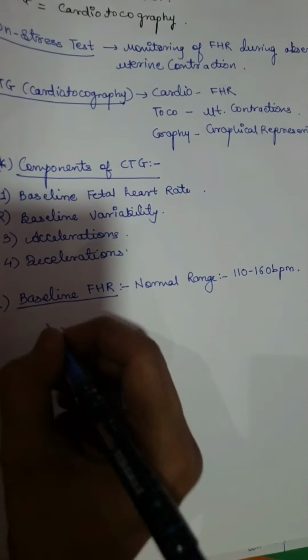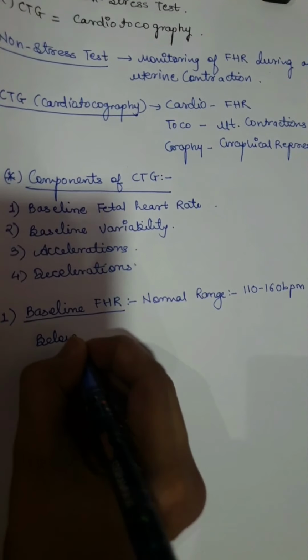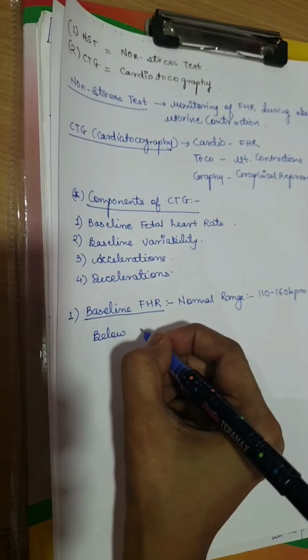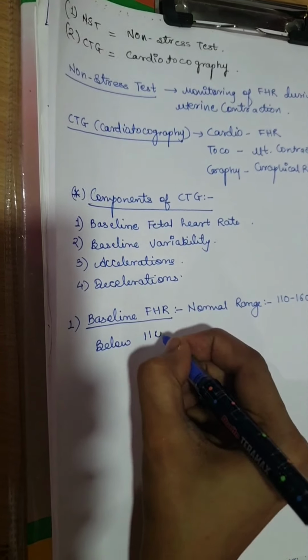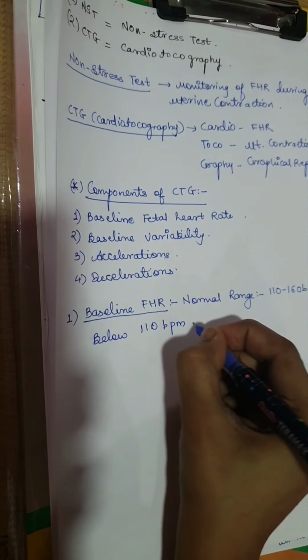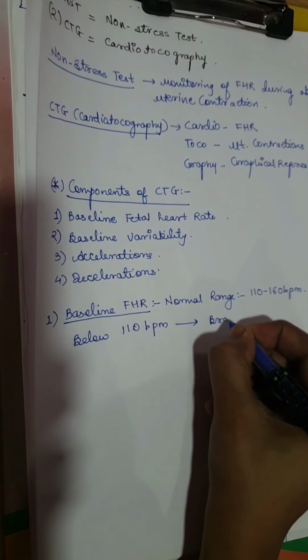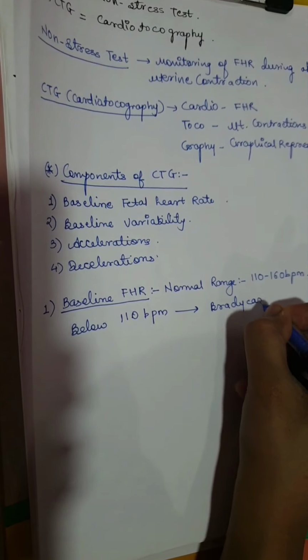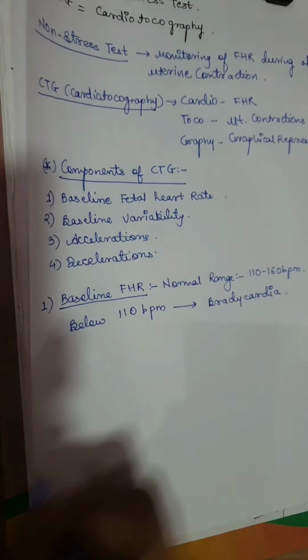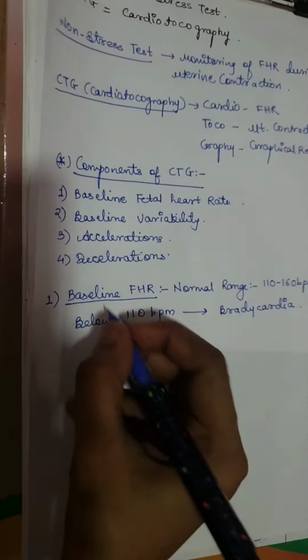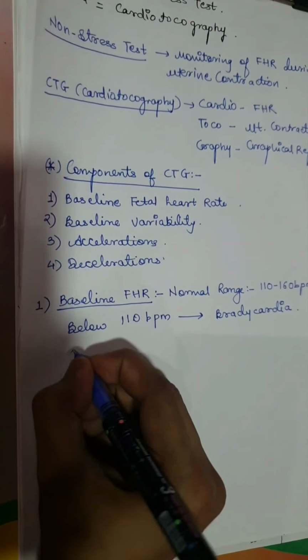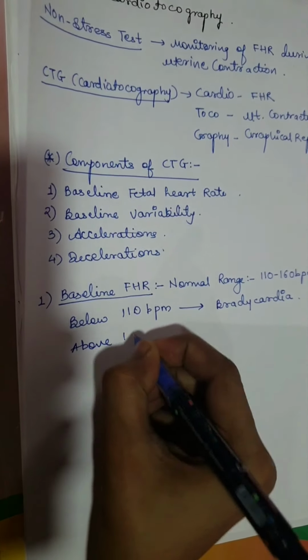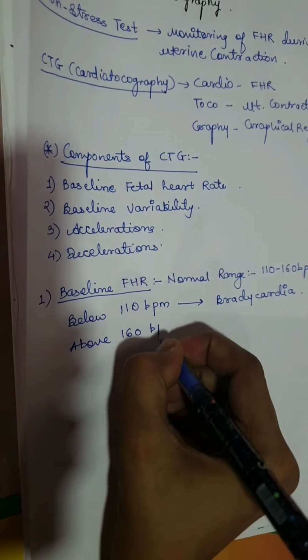Any heart rate below 110 beats per minute is bradycardia, and any fetal heart rate above 160 beats per minute is tachycardia.